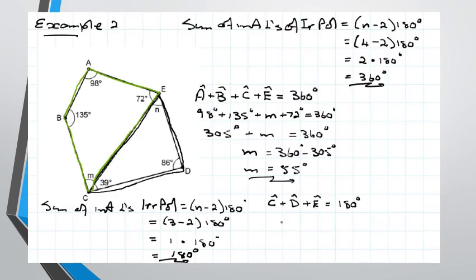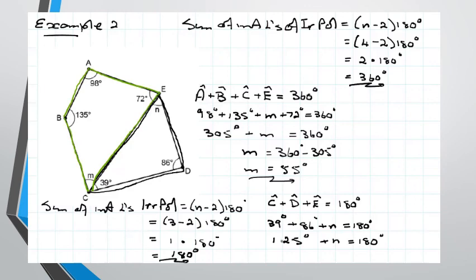Substitute C, 39 degrees, plus D, 86 degrees. Angle E represents the symbol N, equal to 180 degrees. If I add those values now, I'm going to end up with 125 degrees plus the N equals 180 degrees.